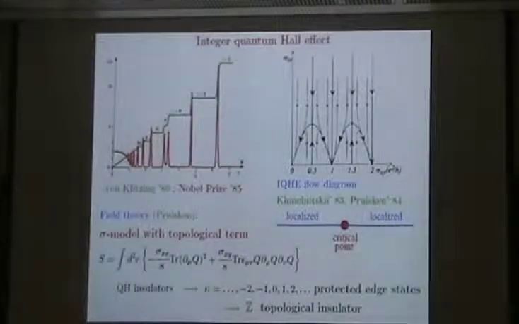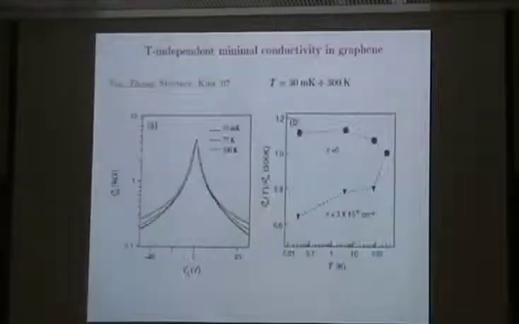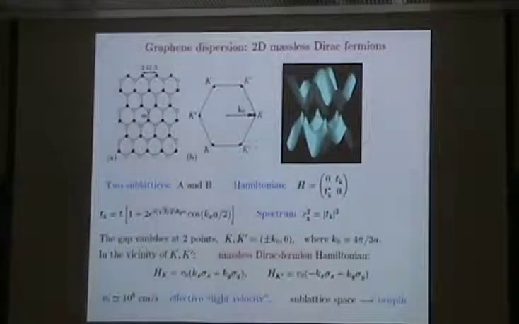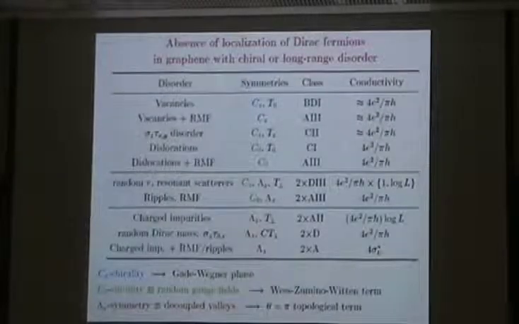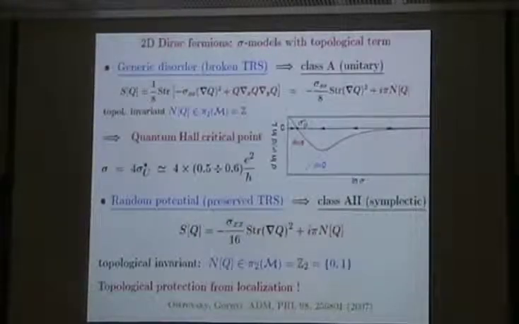However, on a qualitative level, it's similar. What is explained in the experiment, I don't know. In the experiment, I don't know how to explain this discrepancy in the number. And okay, say the last thing. If you consider not generic disorder, still decoupled valleys, but preserved time reversal symmetry, which means that you just consider the random potential. Yeah.